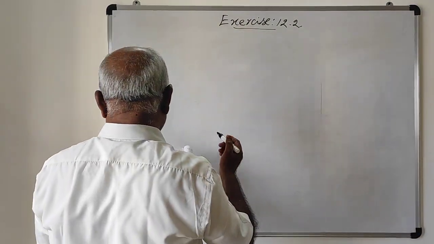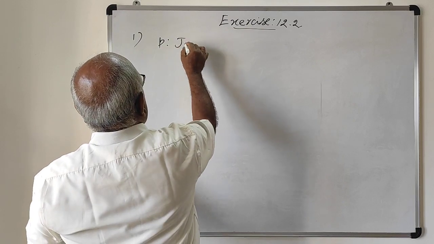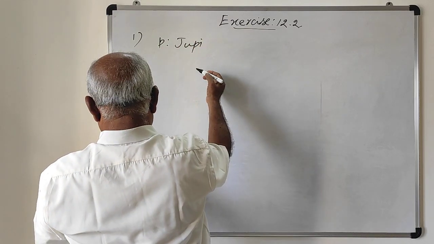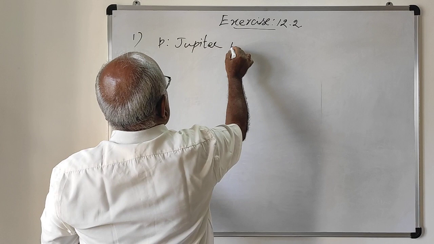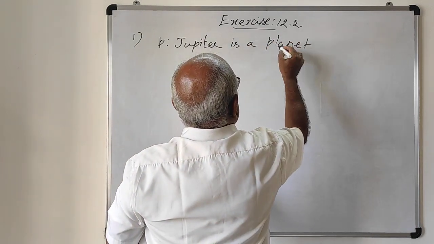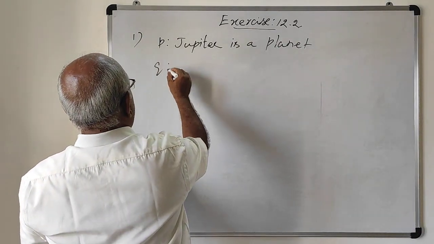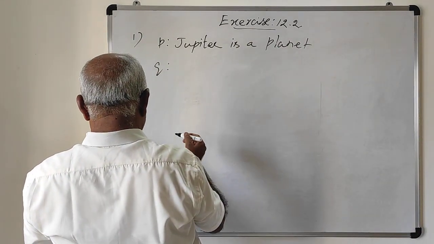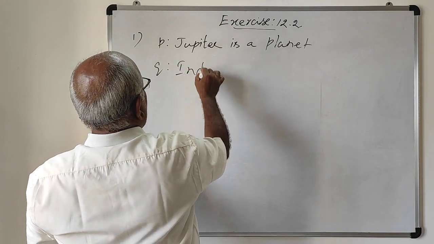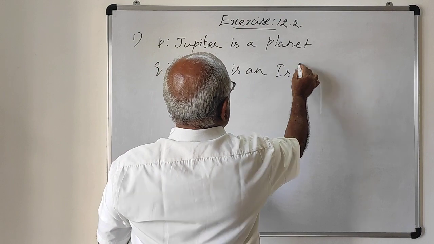The statement P is: Jupiter is a planet. This is the first statement, and Q is: India is an island.